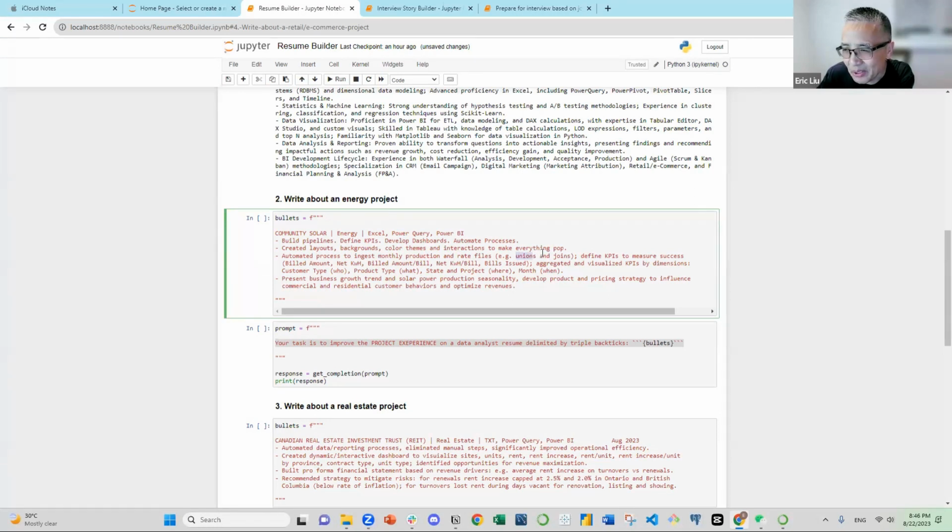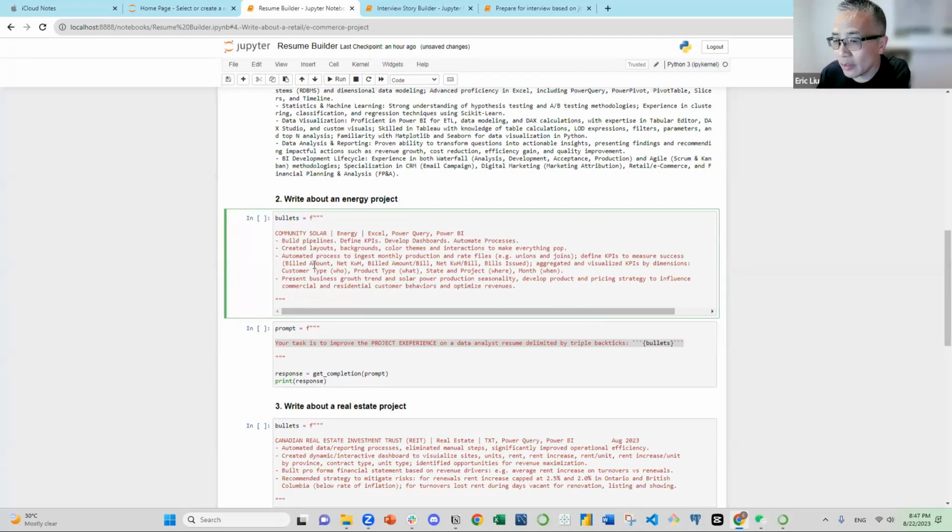And those of you who have a SQL background will tell you unions and joins are different. Unions are where you just stack two tables with the exact same columns top down, and joins, you merge two tables left and right if they have the same key.